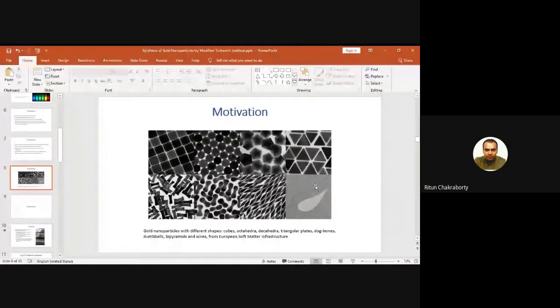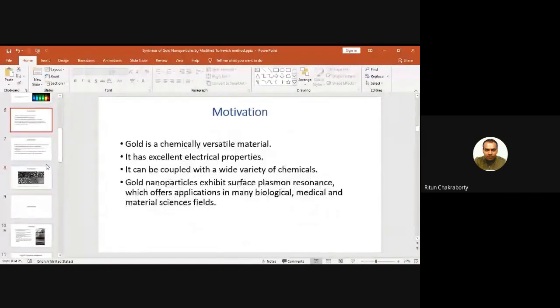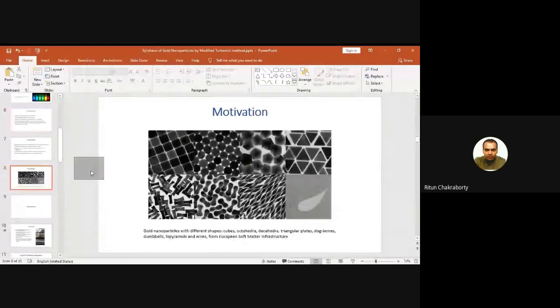Then these are called something like dog bones, or dumbbells, and these are called bipyramids or something, as given in the caption here. So that means gold nanoparticles of various shapes can be formed, which is an advantage, depending on what application, why you need it, etc. This way you have to show motivation also, like why you have decided to work on gold nanoparticles.